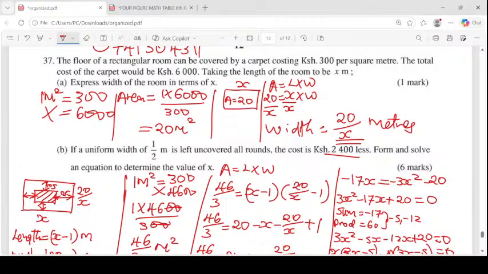Those are the possible values of x for that particular question. So the question was form and solve an equation to determine this.